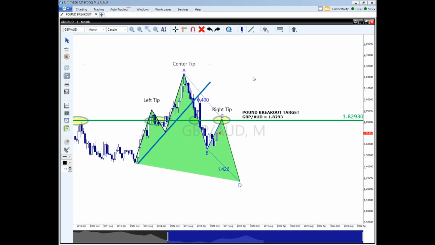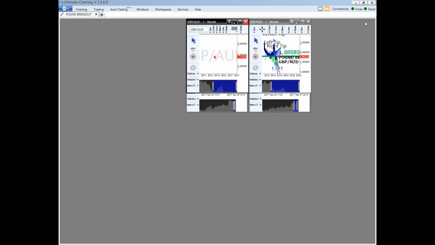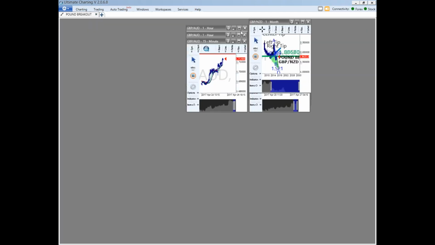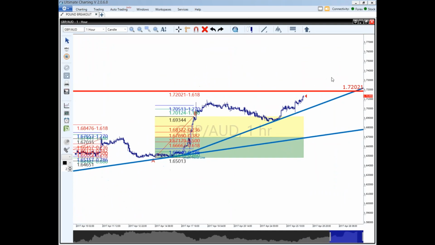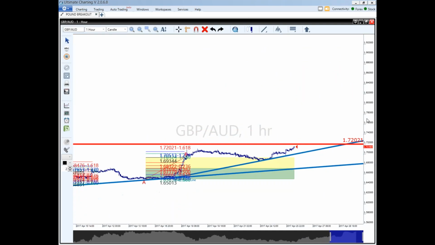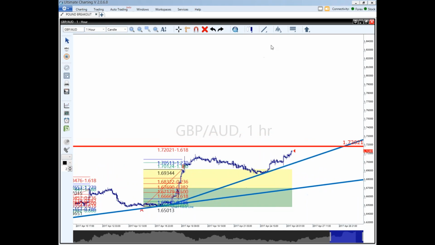So pound Australian, you can see the market here is climbing towards the north, towards that pound breakout target of 1.8293. And so we've linked that here to the 1-hour time frame, and this is the up A, B, C, D swing. This is the pound breakout. What was it here? 1.8293, right?